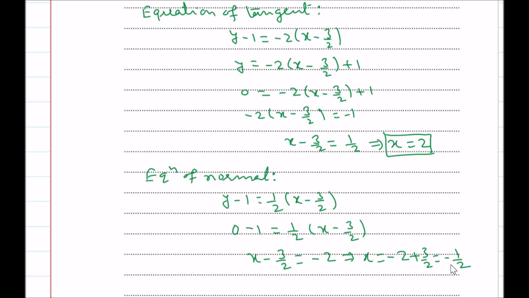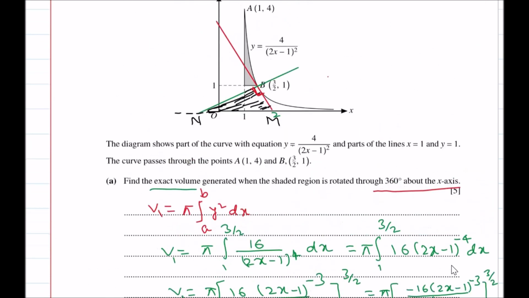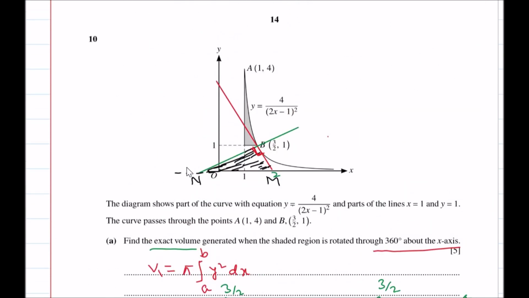So we got minus half as the x coordinate of n. Now, from minus half to 2, we need base and height. Base will be given by this. Let me indicate and show this with this color.